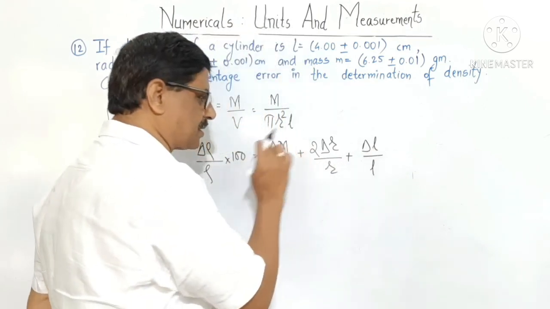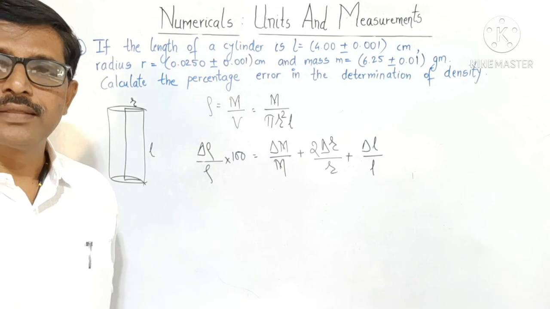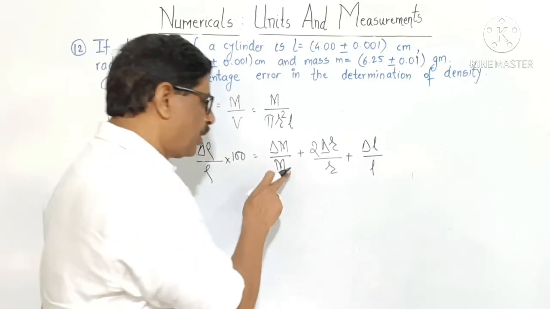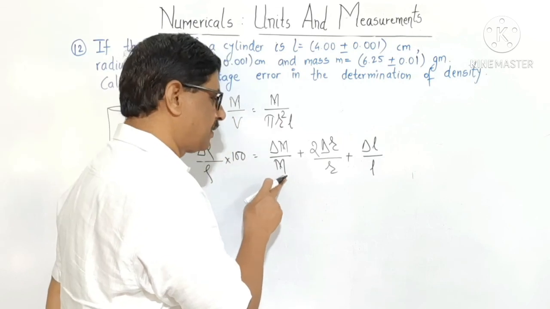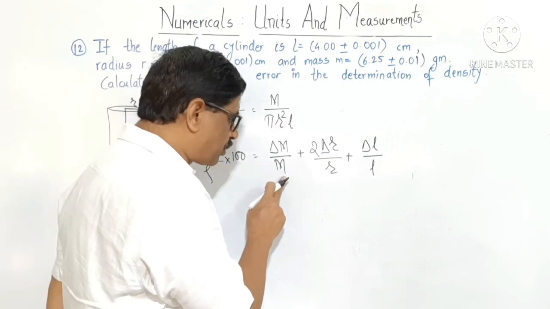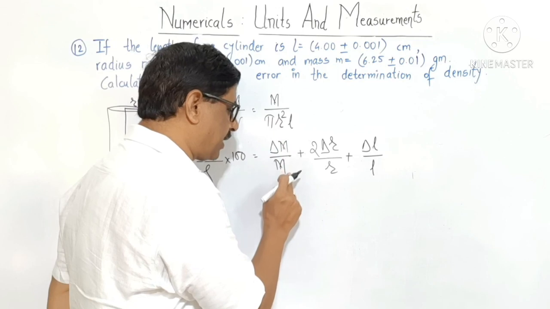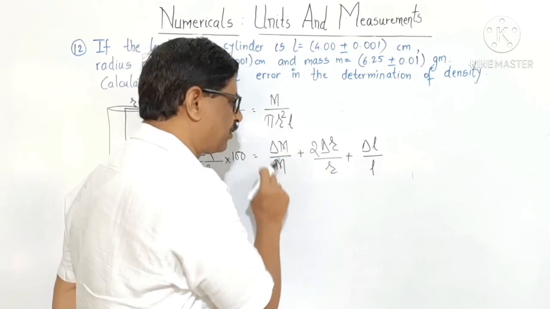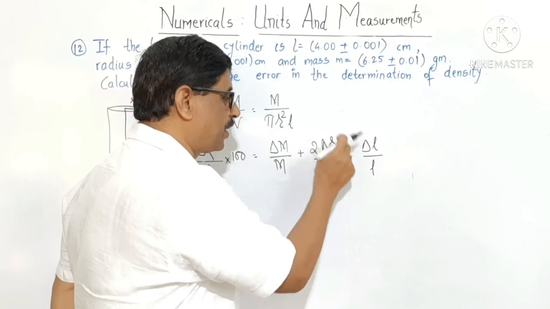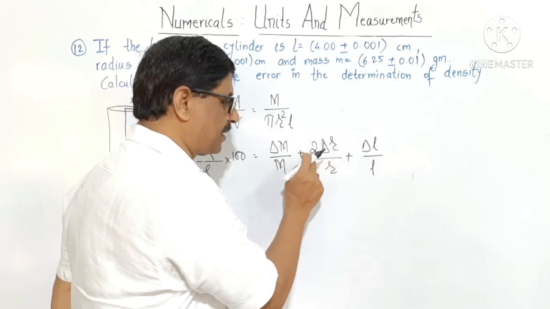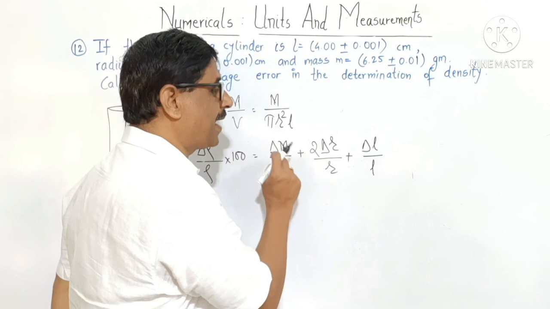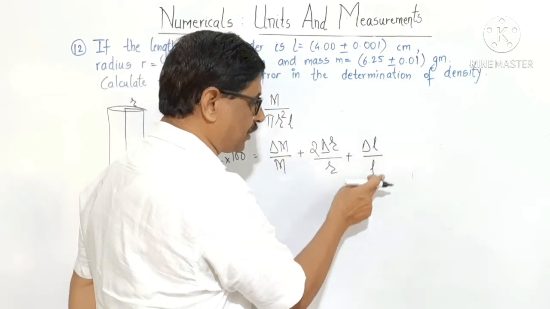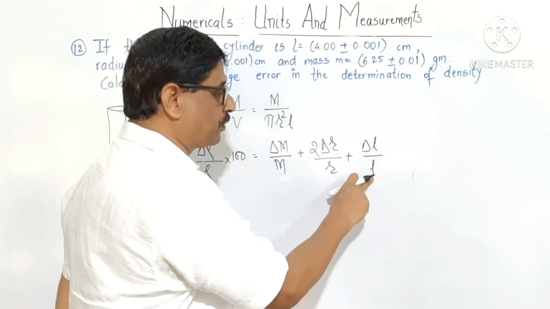Here delta is the possible error in the measurement of mass, and m is the actual mass. The ratio of the possible error and the most probable value is the relative error in the mass. This is the relative error in the radius, but as it is squared, it should be multiplied by 2, and this is the error in the measurement of length, and this is the most probable value of the length.